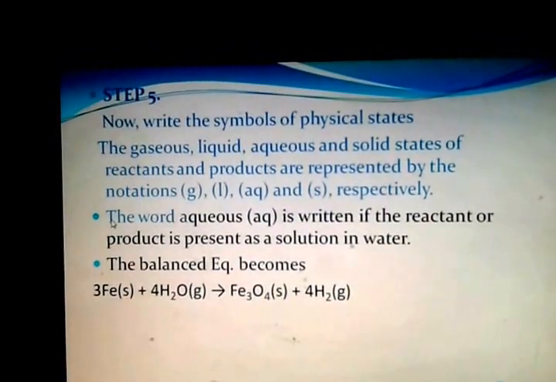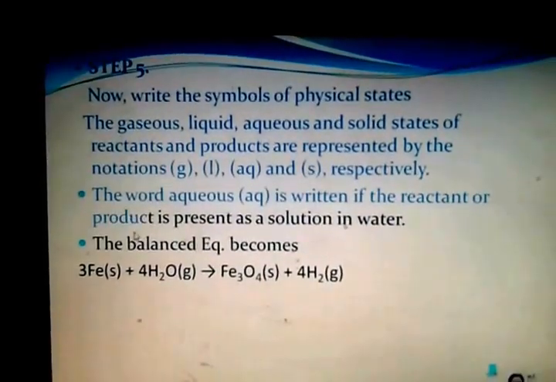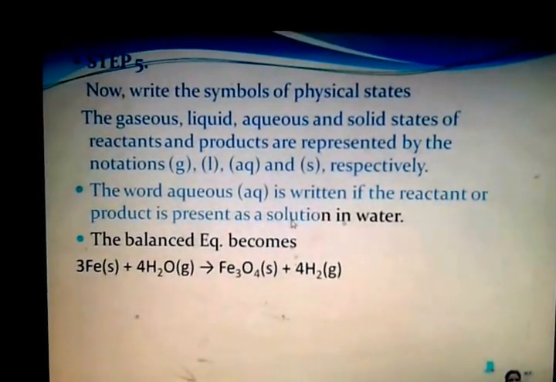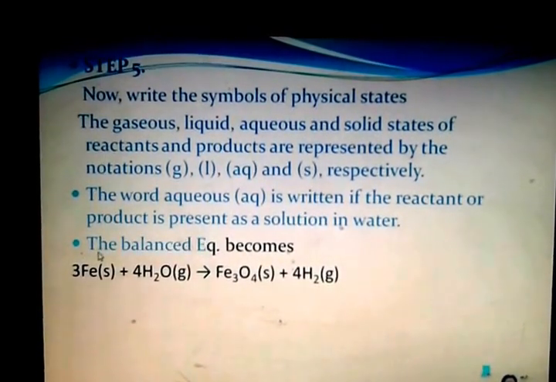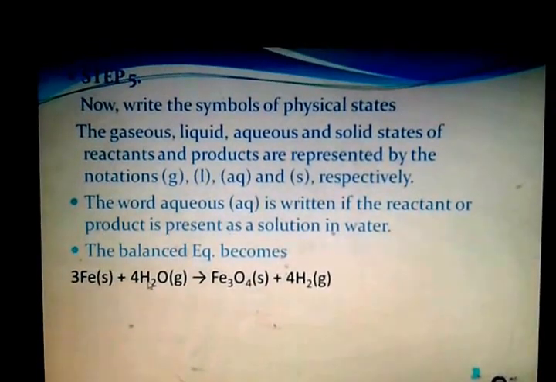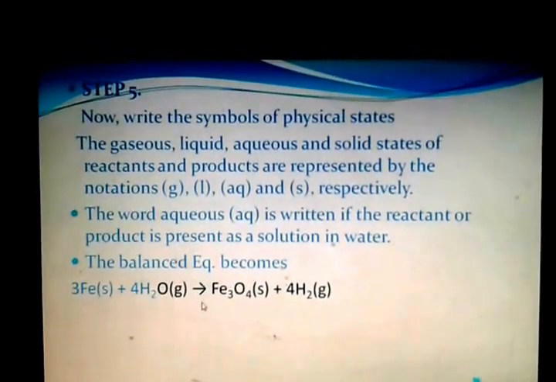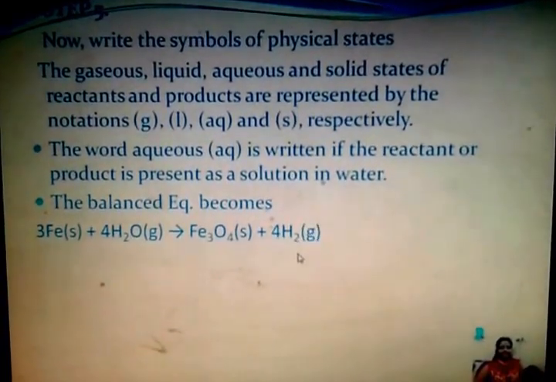The word aqueous is written if the reactant or product is present as a solution in water. The balanced equation becomes 3Fe(s) plus 4H2O(g) gives Fe3O4(s) plus 4H2(g).